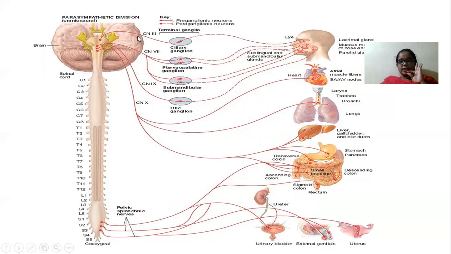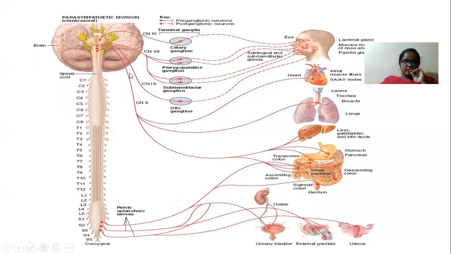Okay, there are 4 kinds of cranial nerves: cranial nerve 3, cranial nerve 7, cranial nerve 9, and cranial nerve 10. Cranial nerve 3 is the oculomotor nerve, cranial nerve 7 is the facial nerve, cranial nerve 9 is the glossopharyngeal nerve, and cranial nerve 10 is the vagus nerve.